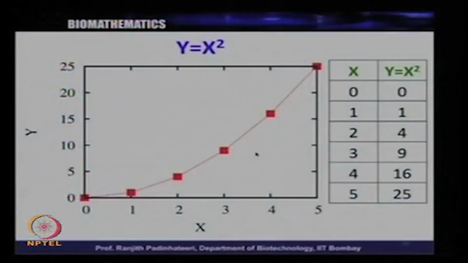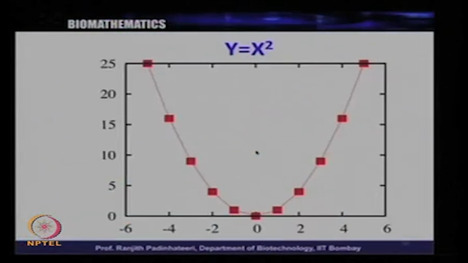This is how we plot y equal to x square, and now let us plot the negative part. We had only taken positive values for x, but if we take negative values for x, you would also get a similar result. Let us have a look at this graph.